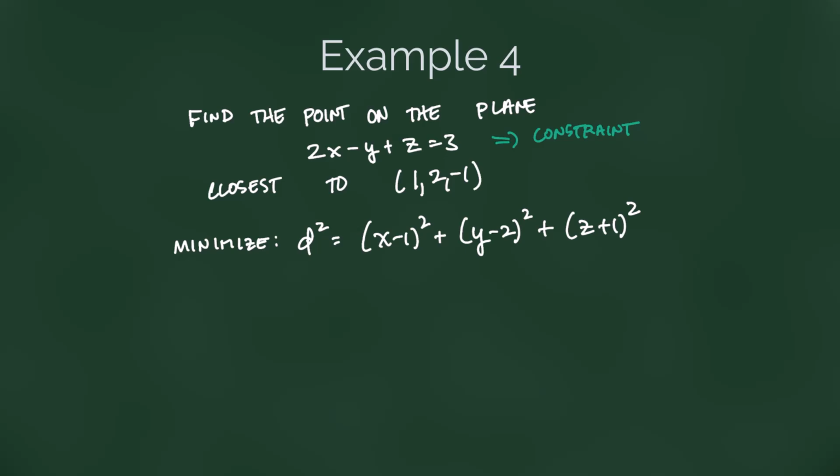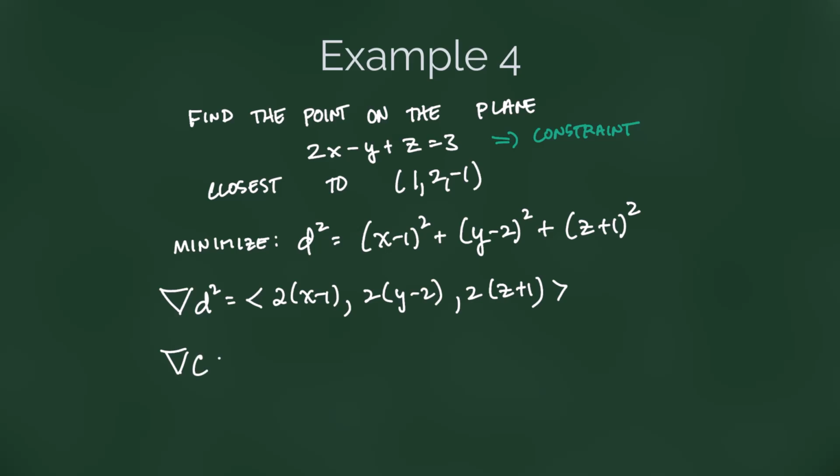So let's look at the gradient of our distance squared. And that is going to look like the vector 2 times x minus 1, 2 times y minus 2, 2 times z plus 1. And the gradient for our constraint is going to be the vector 2, negative 1, 1.